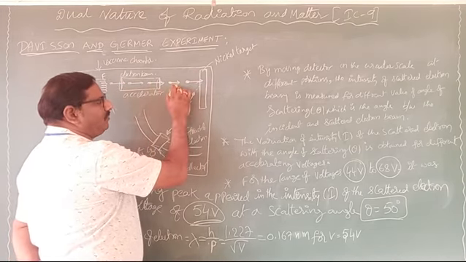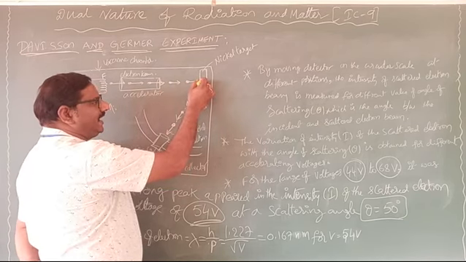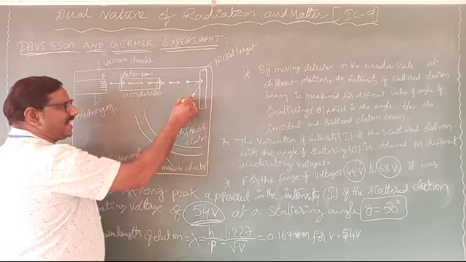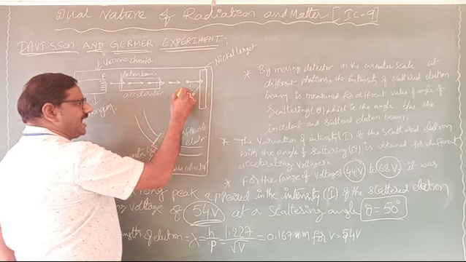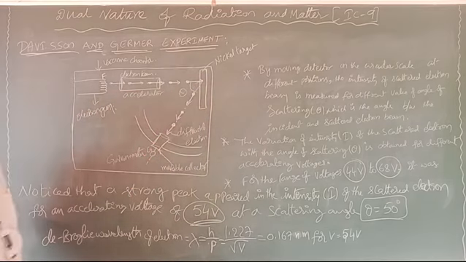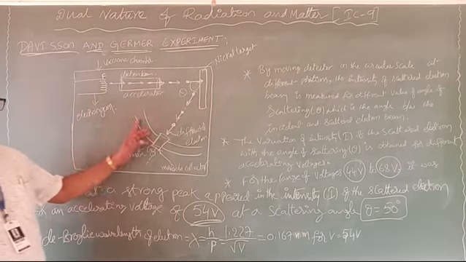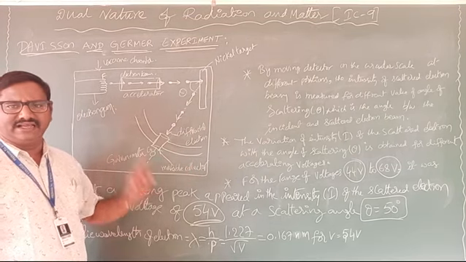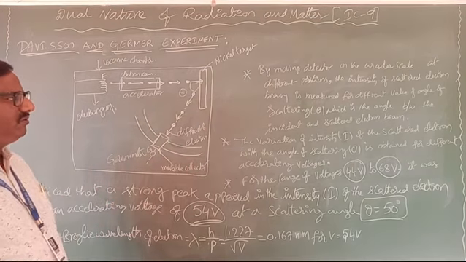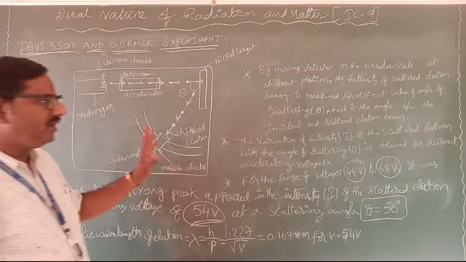The beam hits the nickel target and gets scattered. This is the scattering angle, and it is measured with the moving detector.